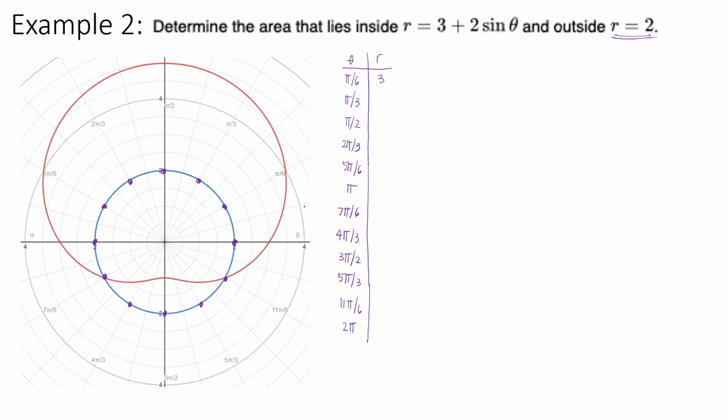Okay, so just fill in the others. Okay, I will just estimate it. 4. Start with 0. So 4 and then 3. So just fill in the other values, the decimal places.